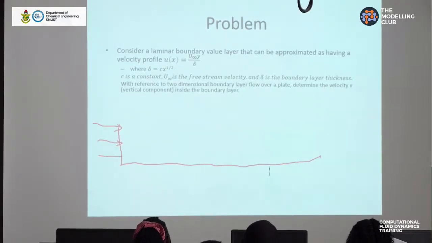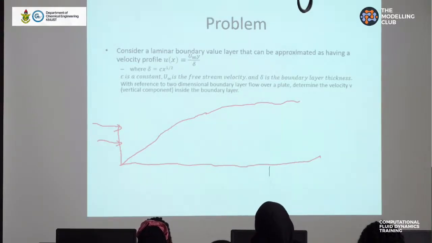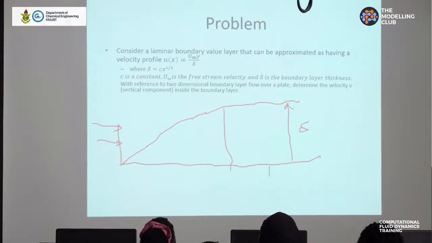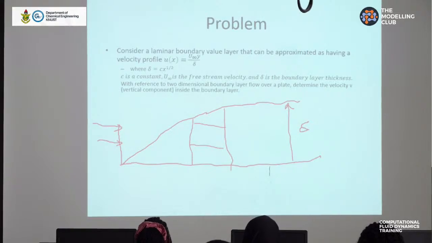Anyway, as a result, you have a boundary layer developing, such that that is the thickness of the boundary layer, and the velocity then would be varying through the fluid.